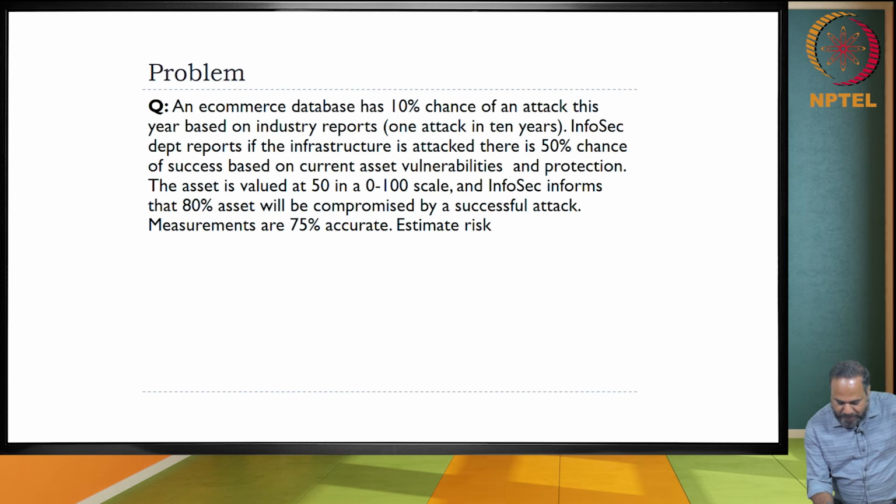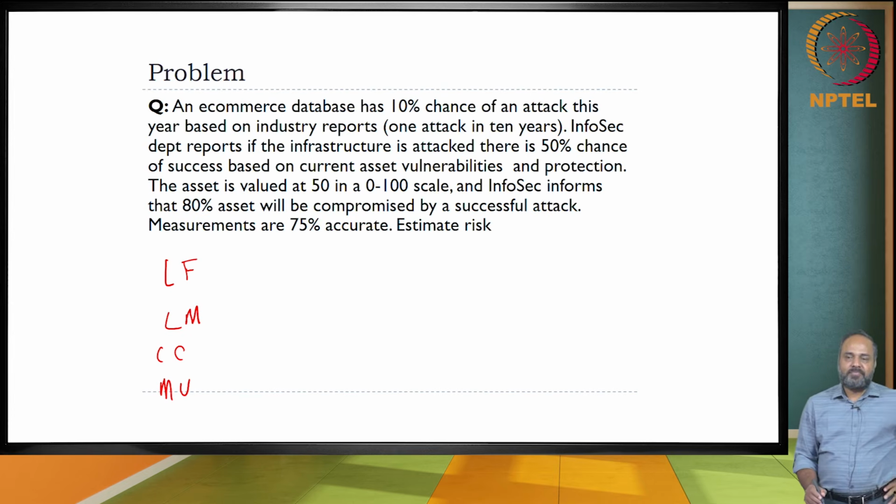So, basically you have to calculate loss frequency, loss magnitude, current controls, and measurement uncertainty. These are the 4 values you need to calculate residual risk. Okay. What is loss frequency?